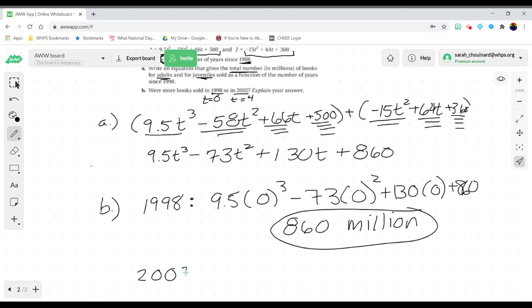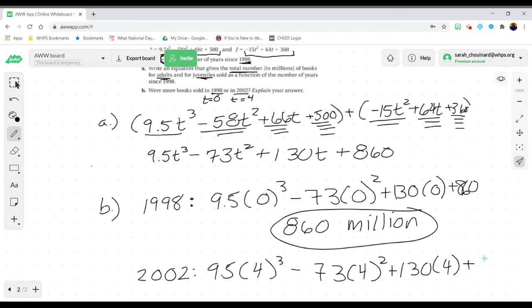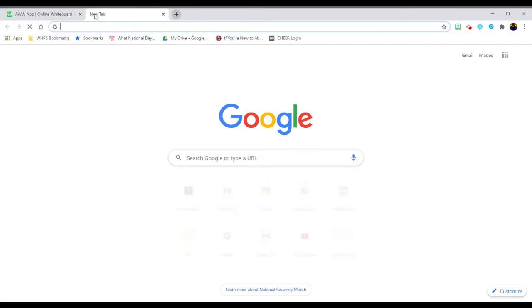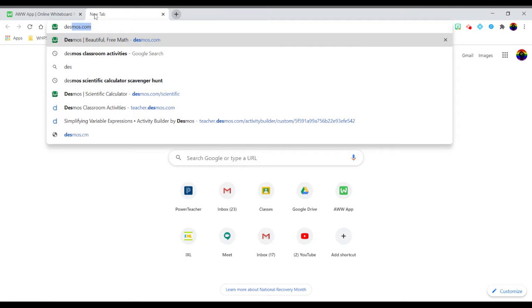Then they want us to do 2002, so we're going to do the same thing using 4 now for t. And this one's not as easy because 4 is not going to cancel to be 0 like 0 is. So what you can do is you can go to the Desmos Scientific Calculator.